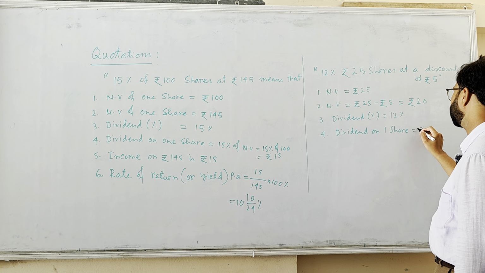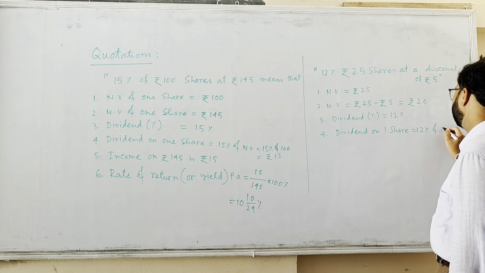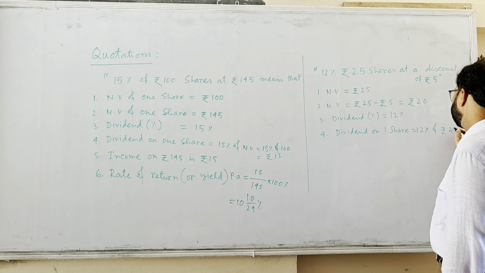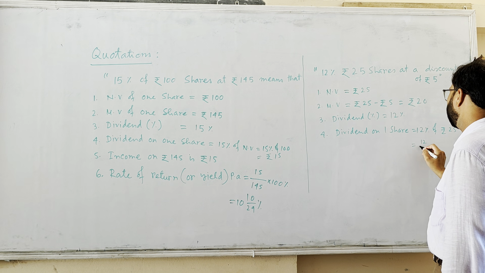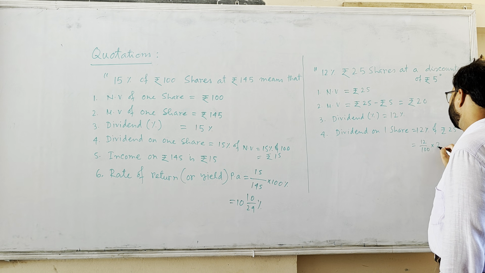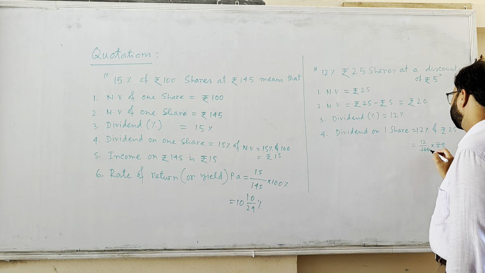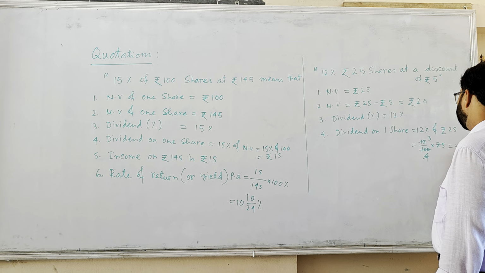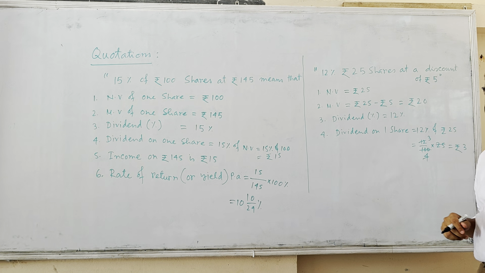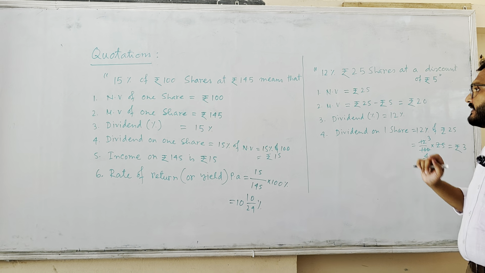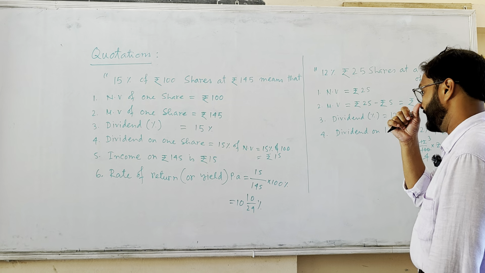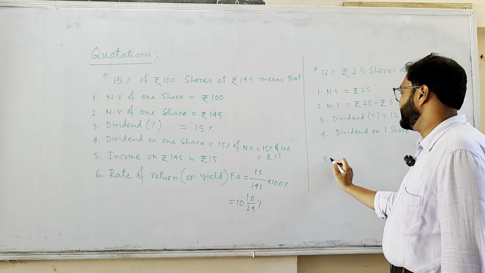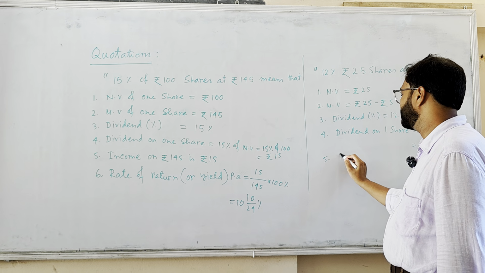So 12% of rupees 25, so 12 by 100 into 25. So rupees 3 is the dividend on one share.